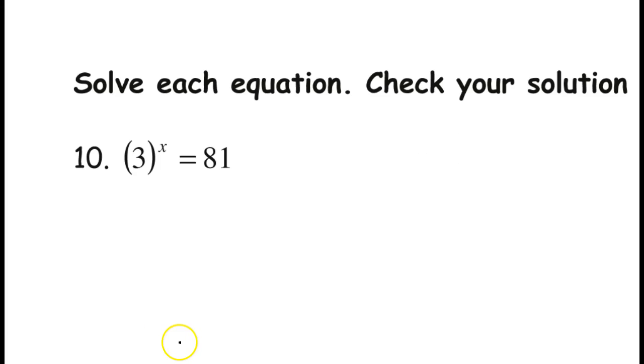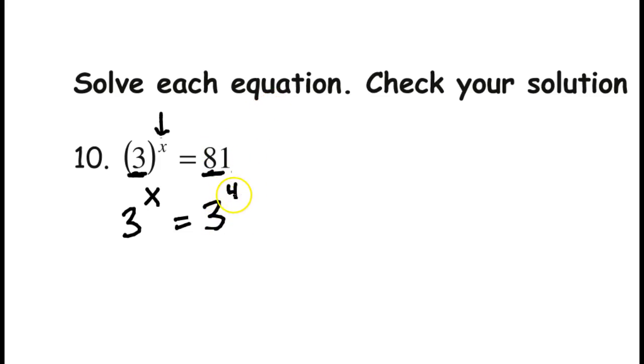All right, let's go down and solve some equations here. The idea here is you want these to be the same bases. Now this is called the base, and that's called the exponent. So you want these two numbers to be the same. You want them to match. Usually you go down in numbers, so the bigger number you want to rewrite as a smaller number. So can you write 81 as 3 to some power? 3 times 3, how many times will give you 81?